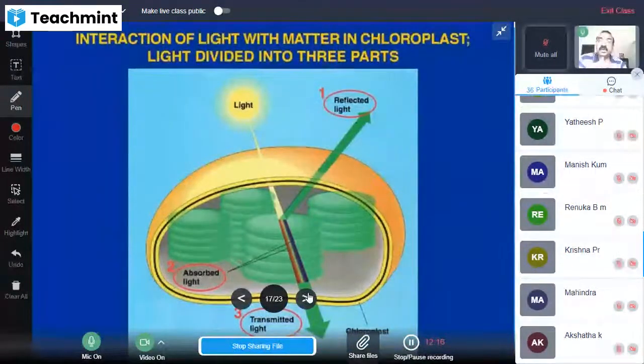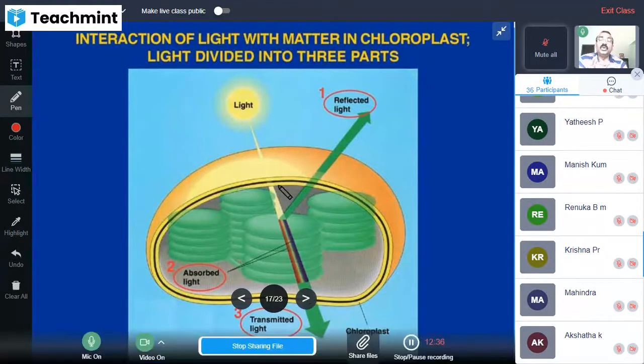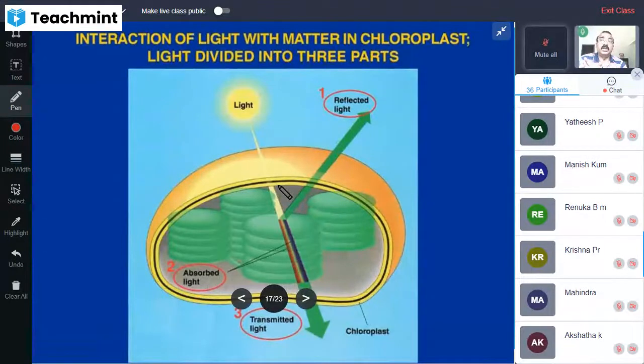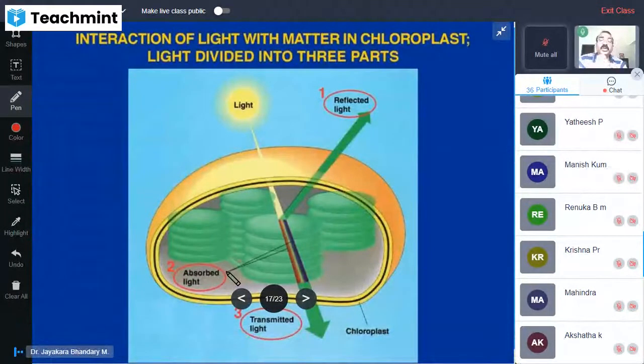See, chloroplast pigments do not absorb the green part of the spectrum. So green wavelength is reflected. And remember, the color of any material is the color of the light reflected. Okay. So chloroplast pigments reflect green light, therefore they appear green in color. All other wavelengths, yellow, red, blue, etc., are all absorbed and used in photosynthesis, the light reaction.